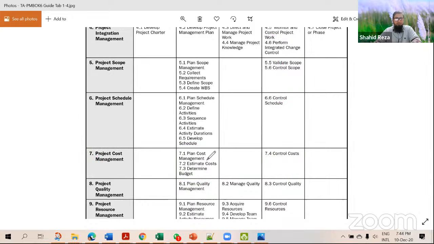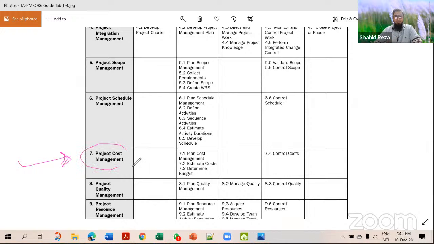So let me briefly give you a high level explanation of all the processes of cost management. Whenever in PMBOK you start a chapter, meaning a knowledge area, first you need to ask the question why we need this cost management knowledge area in projects.